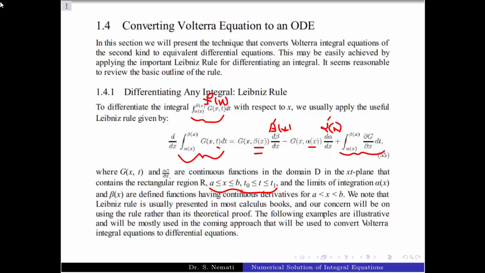X is between A and B, and T is between T0 and T1. And the limits of integration alpha of x and beta of x are defined functions having continuous derivatives for all x belonging to the interval A and B.